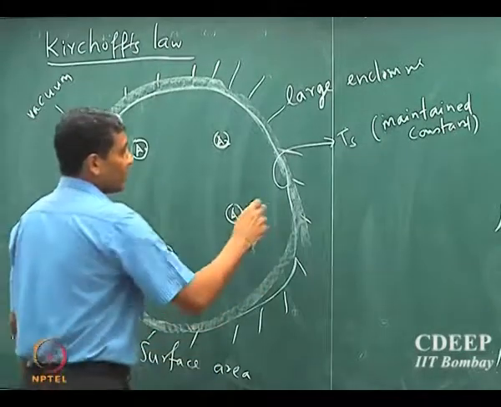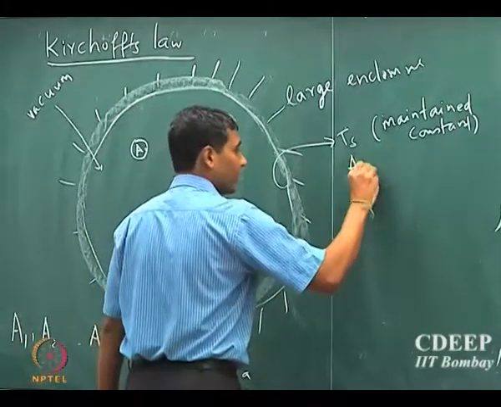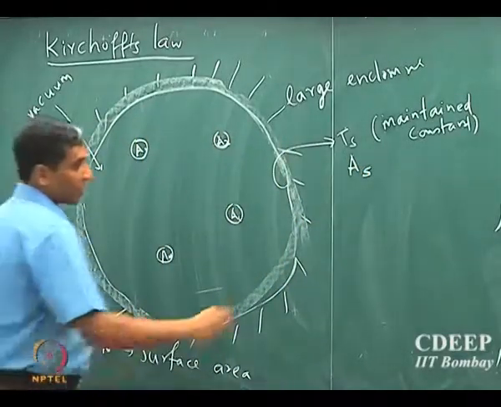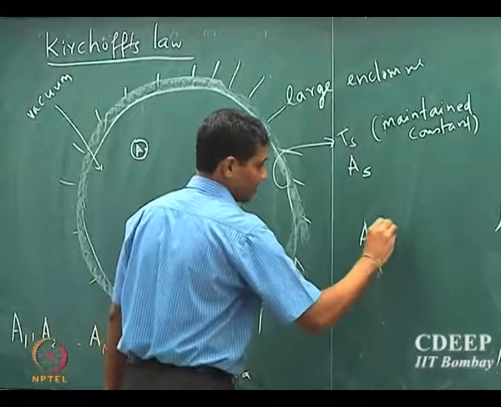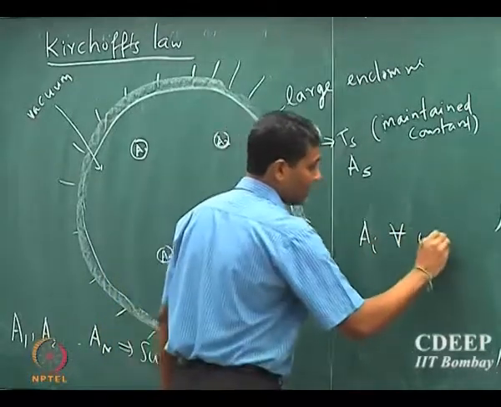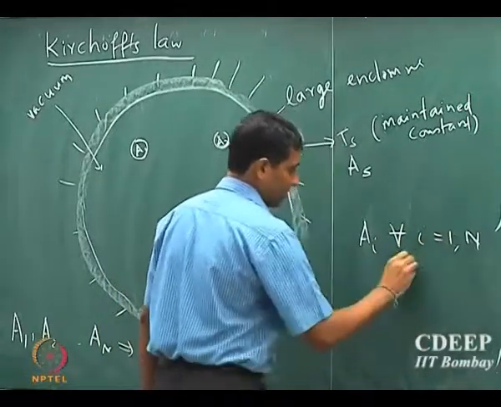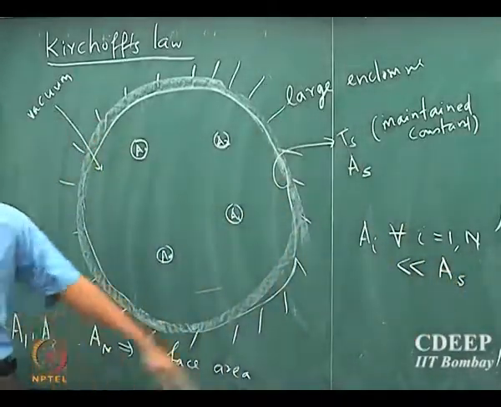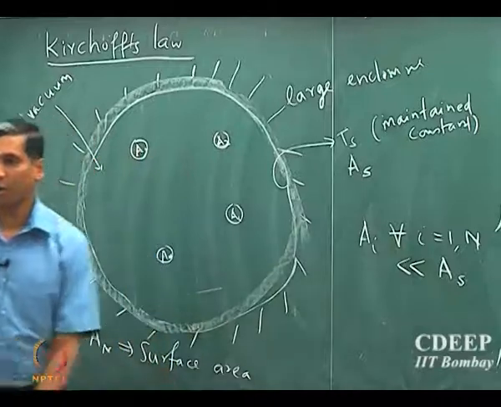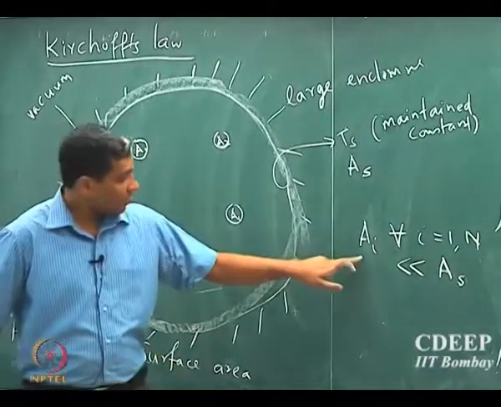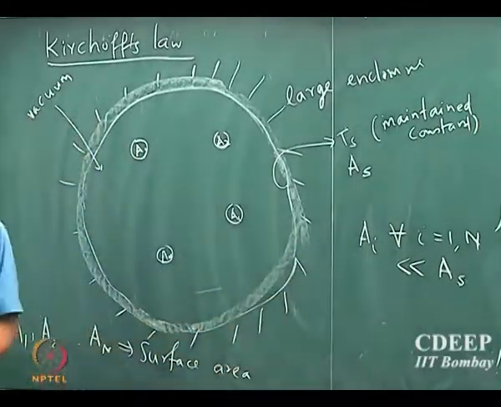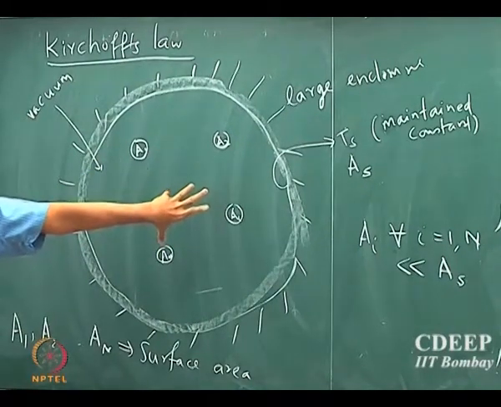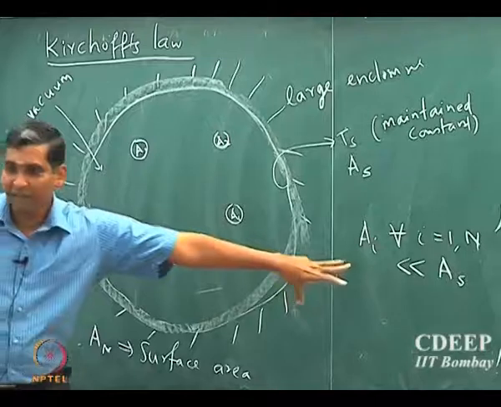Supposing the surface area of the large enclosure is As, and let us assume that Ai for all i going from 1 to n is much smaller than As. So the surface area of all the n objects suspended inside this enclosure is significantly smaller.